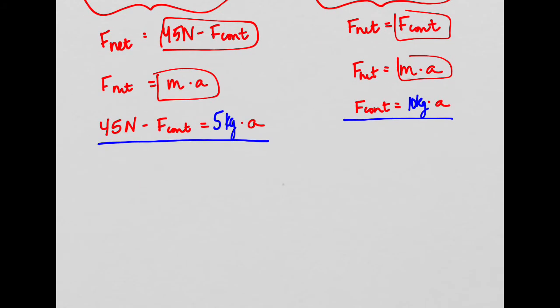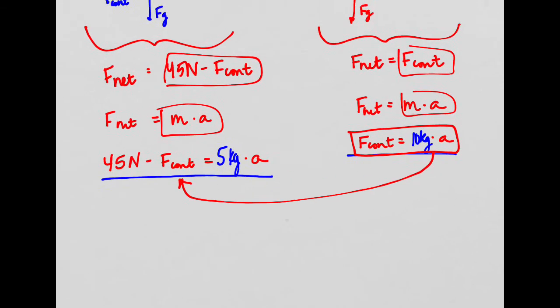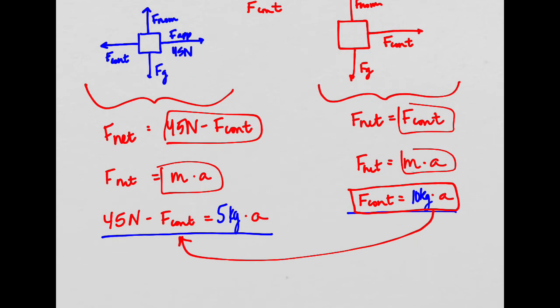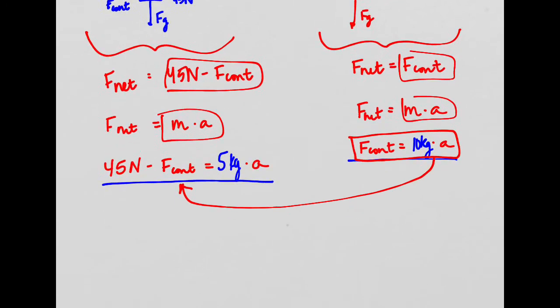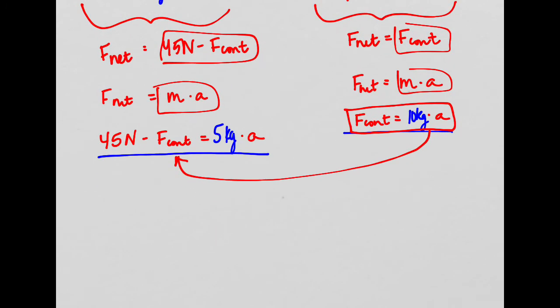So what we can do is take this F contact that we just solved for, and plug that in right here where we have another F contact. So now we're going to combine these two equations with two unknowns that we just solved for, and use those in order to find the acceleration.